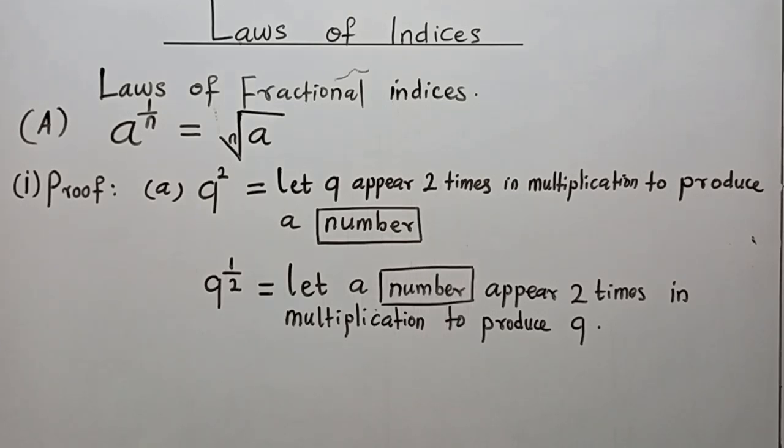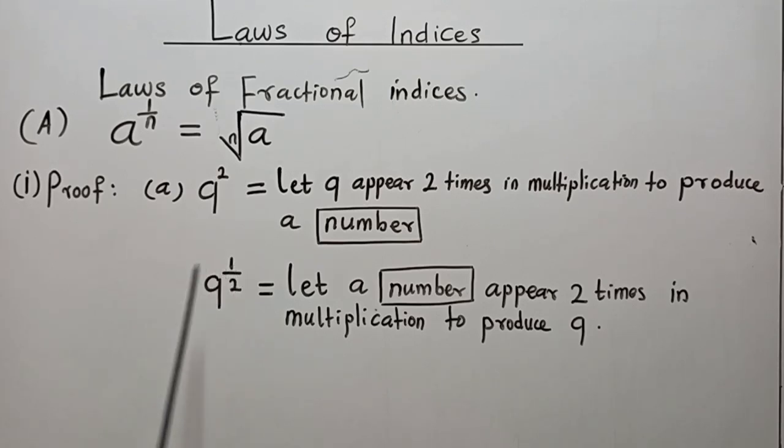That will mean 9 times 9. If 3 were here, that could have led to 9 times 9 times 9. But because 2 is here, 9 is to appear only 2 times when multiplying itself.